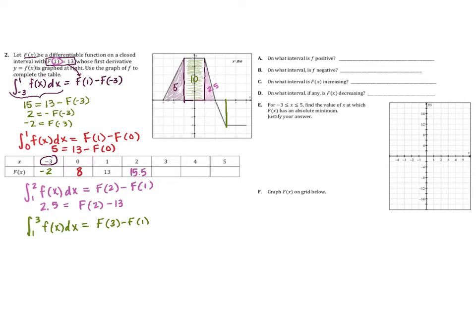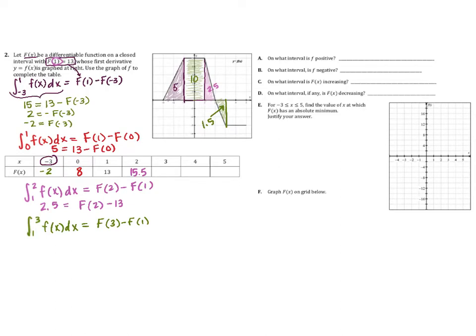So it looks like that small region is going to be 1.5. So here I know that area is 1.5. And again, repeating this process, we do need to put those together.